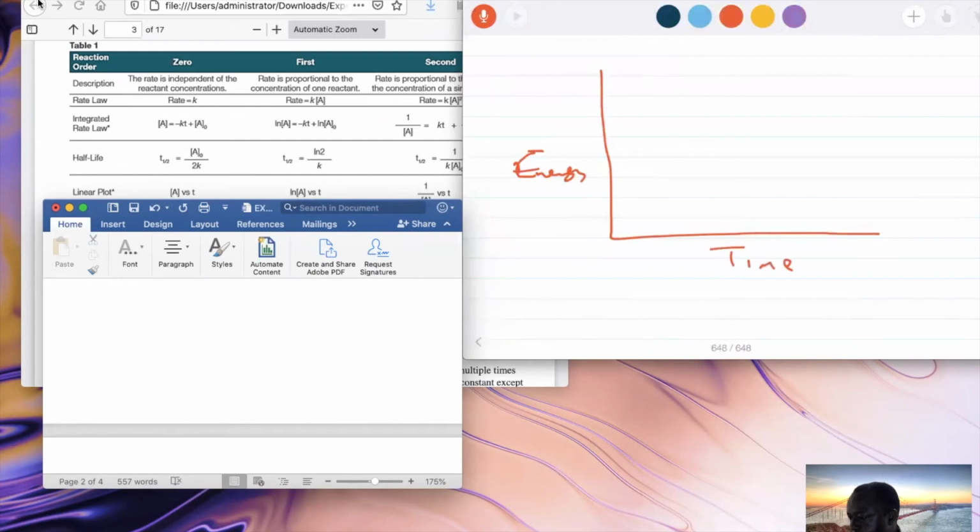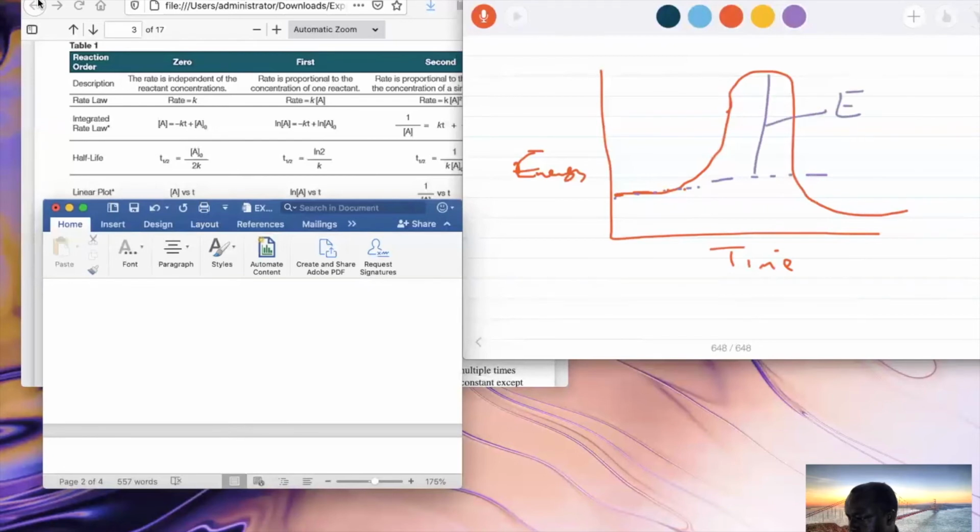You'll see in some reaction profiles that this is EA, which is the activation energy, for A plus B to form C plus D, the product.